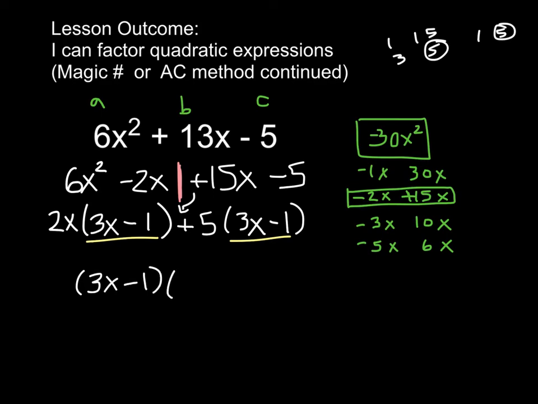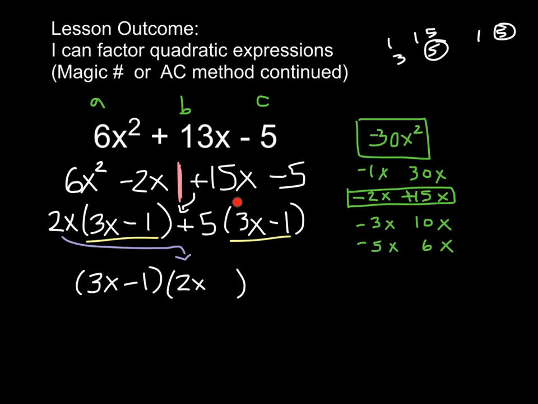And after you write that down, you're going to have another set of parentheses over here. Now what we're going to do is we're going to take what we had, take what's left in this term. So this term right here, if I'm factoring out this, right there, I'm left with 2x. So that 2x is going to come over into here.